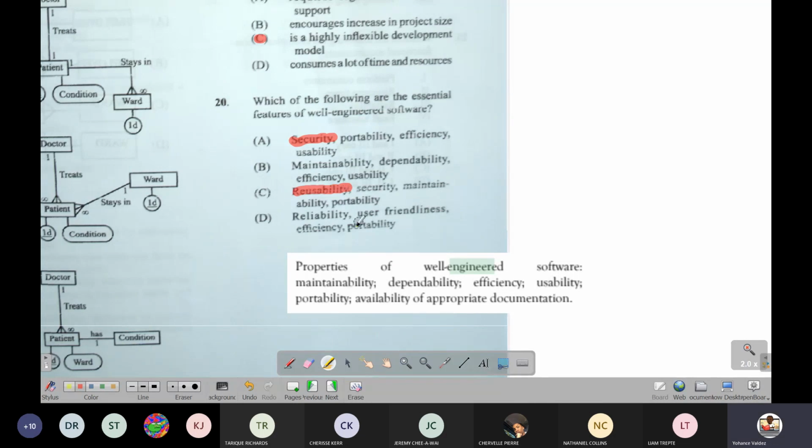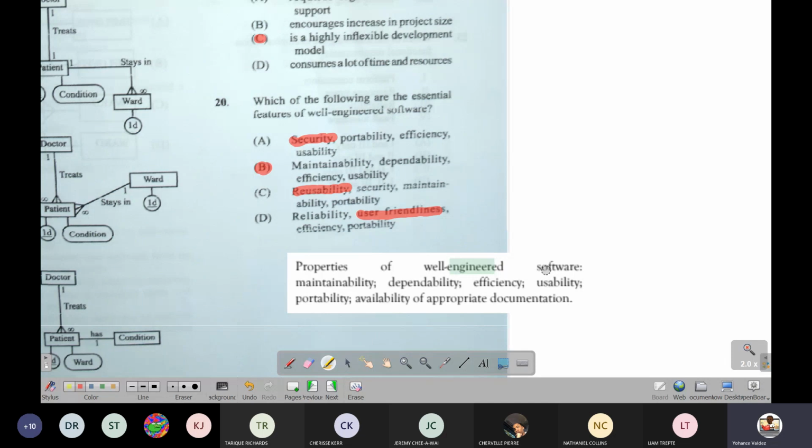Okay, and user friendliness is not one. It's usability. So the answer here is B. Maintainability, which is here, dependability, efficiency, and usability. Okay? Not reusability, not security, not user friendliness.